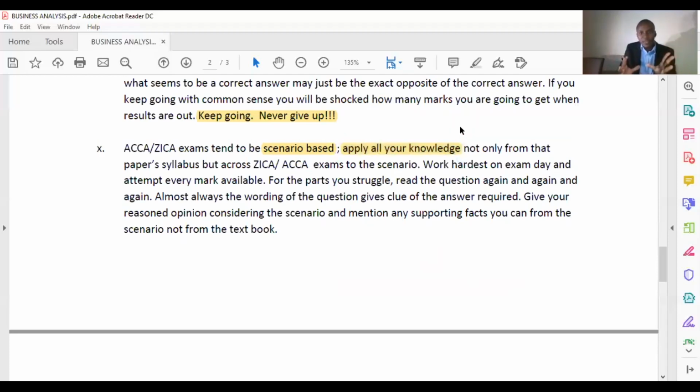By all your knowledge, I mean not only from this particular syllabus of 3.3 or strategic business analysis or business leader, but throughout the scenario exams for ZICA and ACCA. The same approach that is used on scenarios in advanced financial reporting or SPR is the same kind of tactic that you may be able to apply in this exam also.